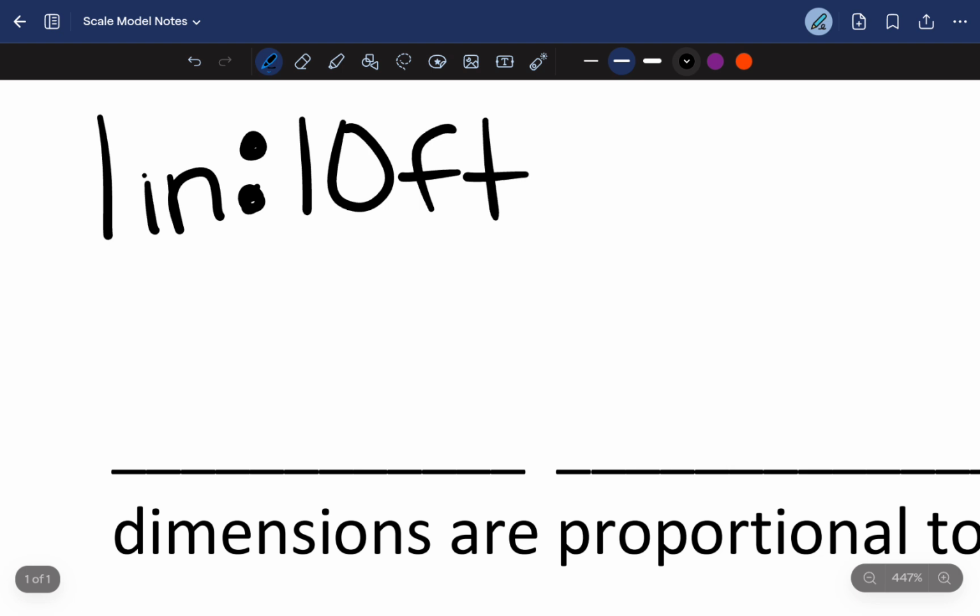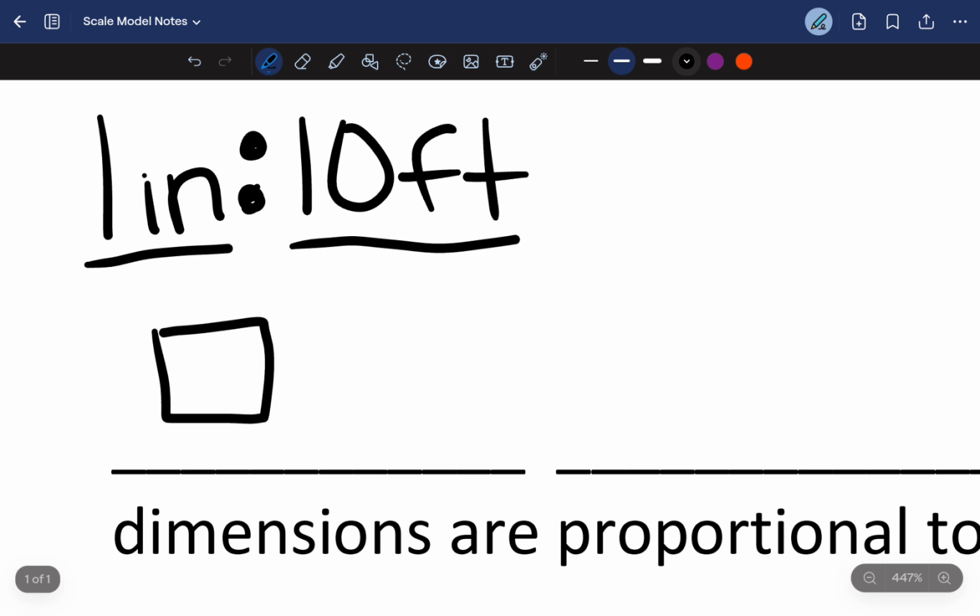The 1 inch represents 1 inch in the drawing, but in real life, that 1 inch represents 10 feet. Could be like a model of a house. If you look at a model, 1 inch would represent 10 feet. So this would be 10 feet, this would be 10 feet, 10 feet, and then 10 feet. This is just an example.